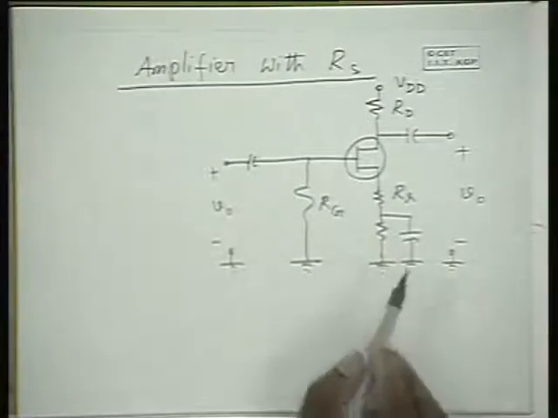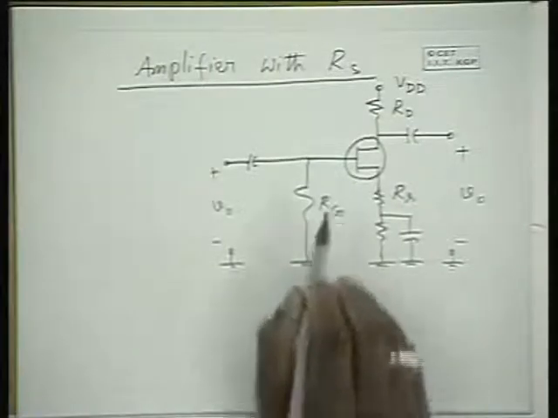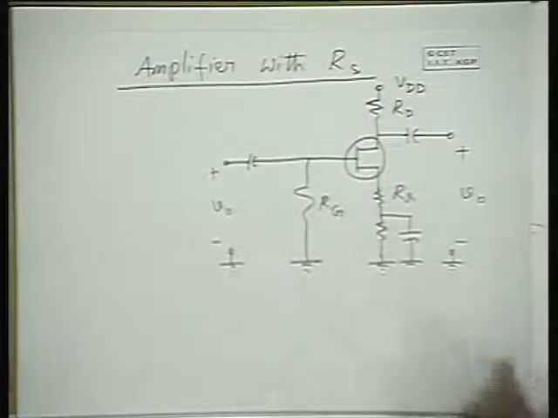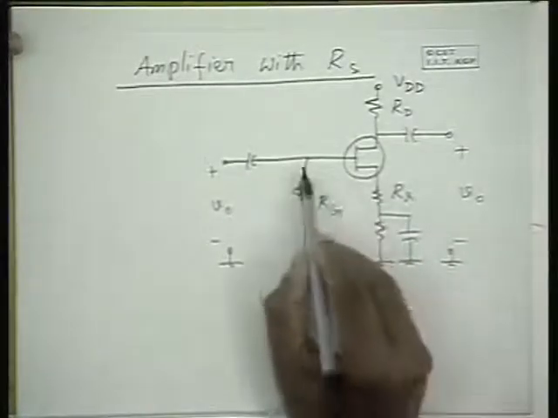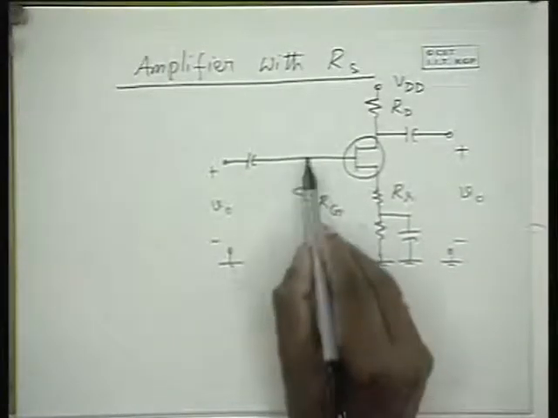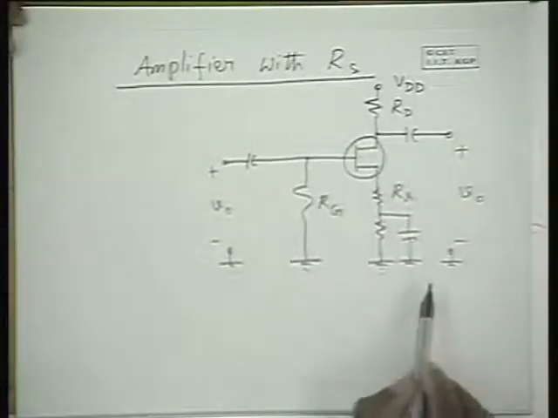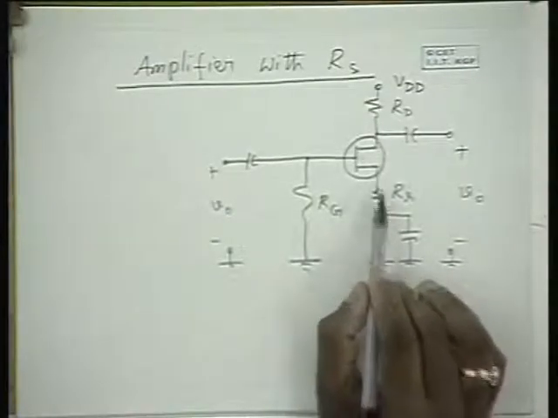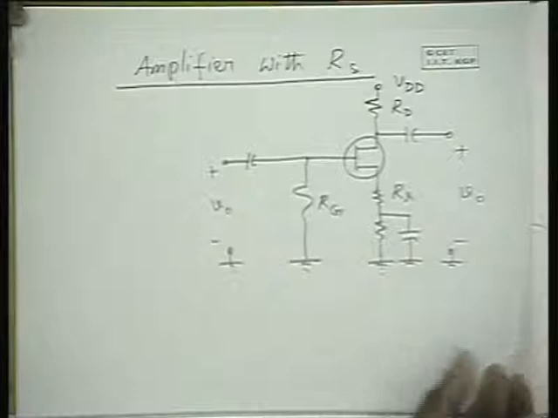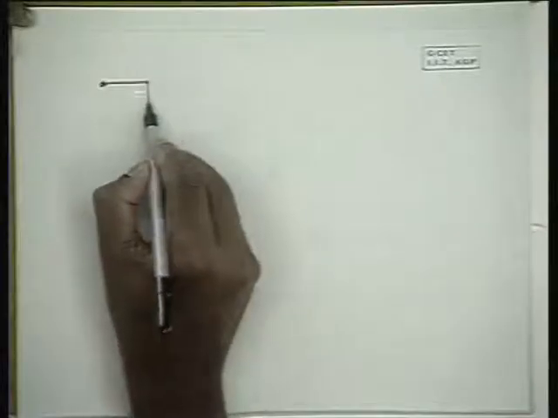Now to analyze the voltage gain, etc., find the AC equivalent circuit of this particular circuit. Please note that this resistance RG is between gate and ground. This resistance RD is between drain and ground, not directly connected to source. There is a resistance RS between the source and the ground. Hence, the AC equivalent circuit is like this.